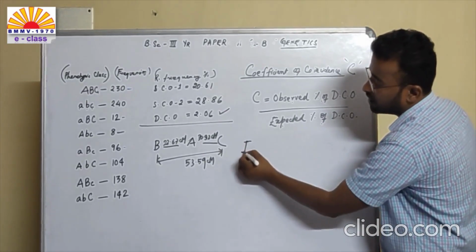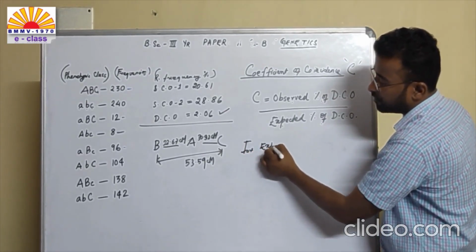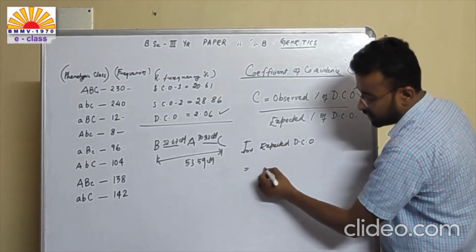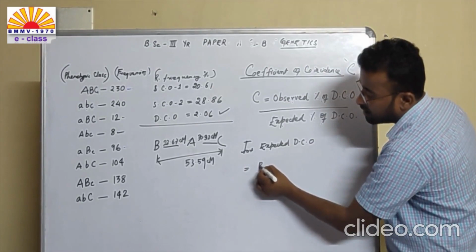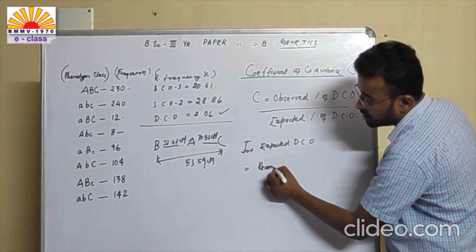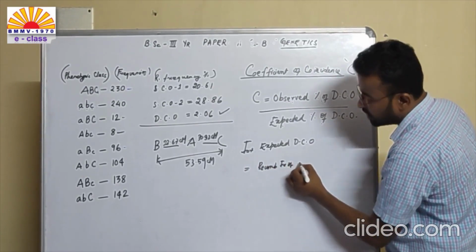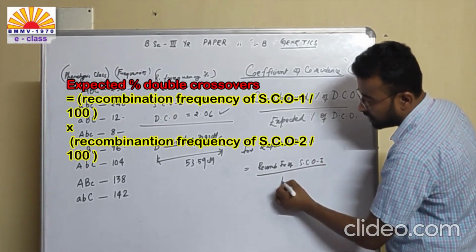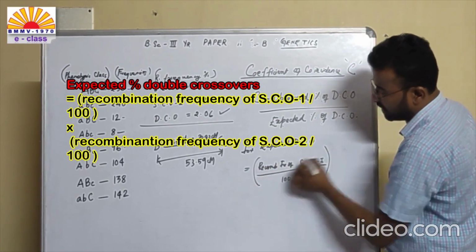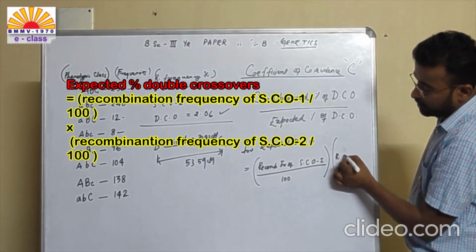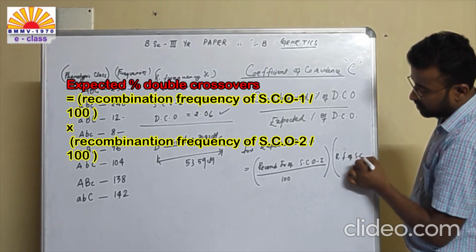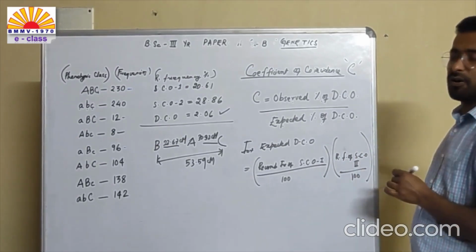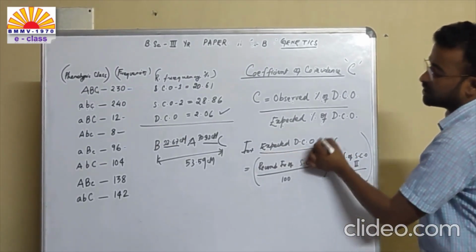For expected DCO, we have a formula: recombination frequency of single crossover 1 divided by 100, multiplied by recombination frequency of single crossover 2 divided by 100. So this is the formula for getting the expected DCO ratio.